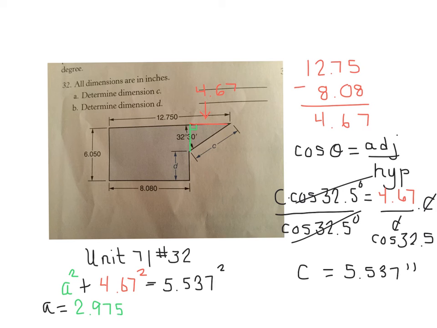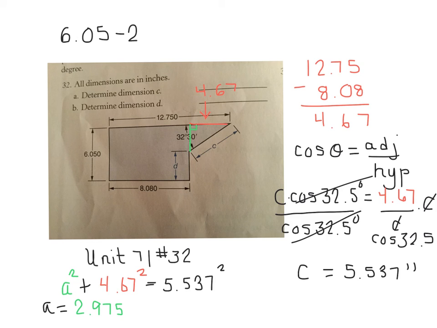Now that I know A, I can find D because A and D together form the vertical piece of this figure. The total length of that vertical piece is 6.05 inches. And I now know that one part of that whole distance is equal to 2.975.